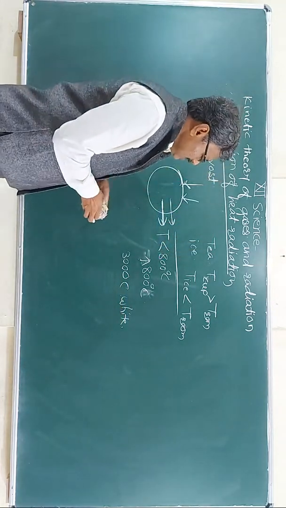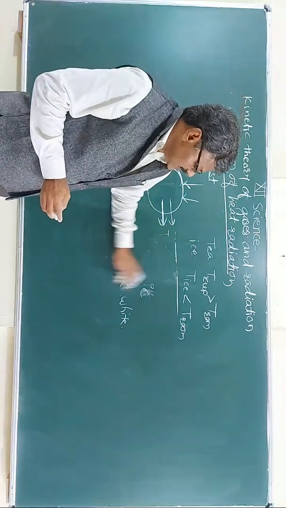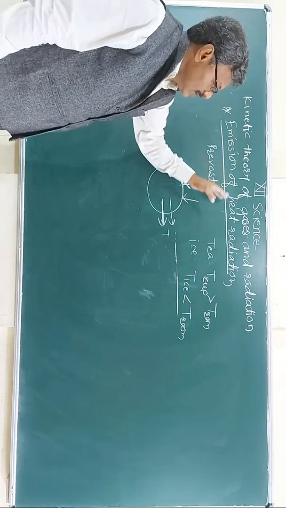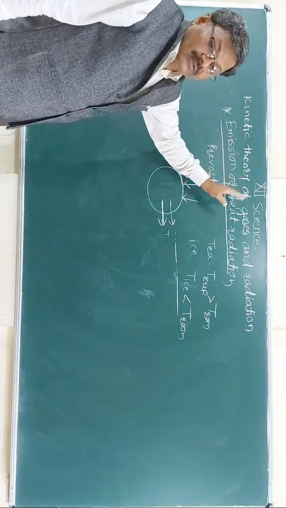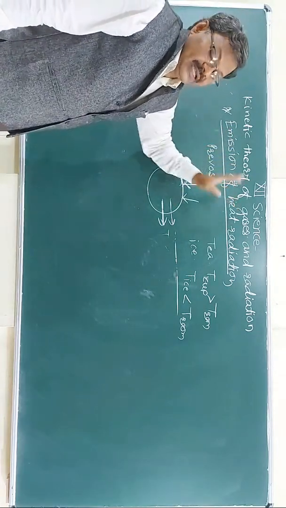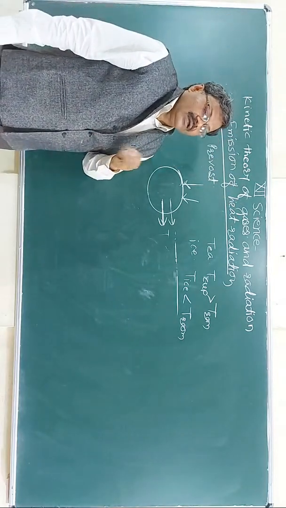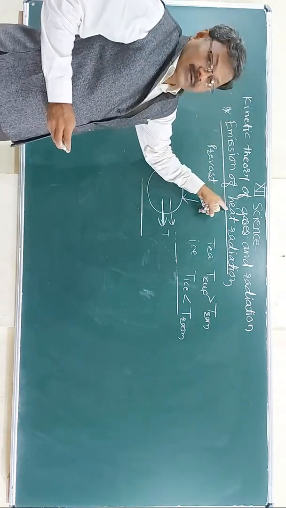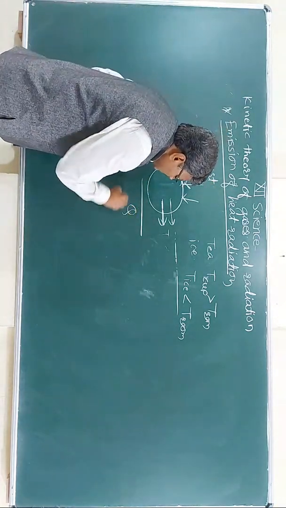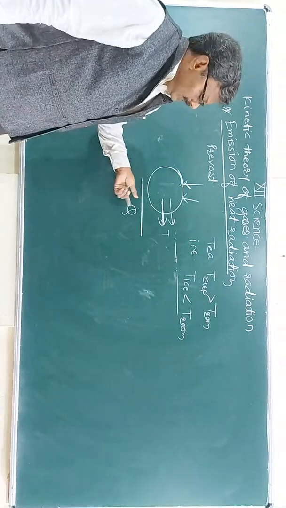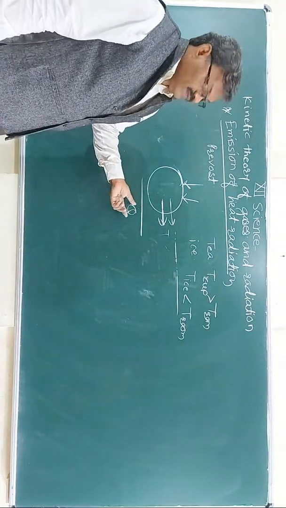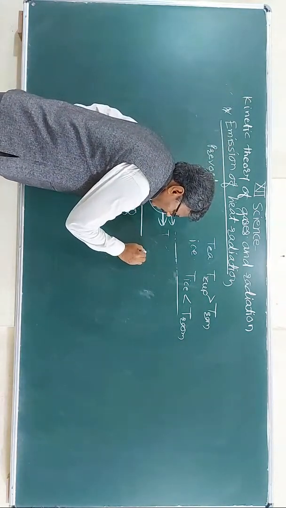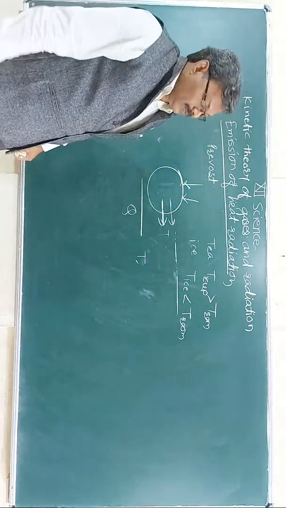Now all these examples show the quantity of radiant heat. This heat is radiated in the form of electromagnetic waves, and this quantity of radiant heat is represented by Q. This radiation of heat depends upon the absolute temperature.